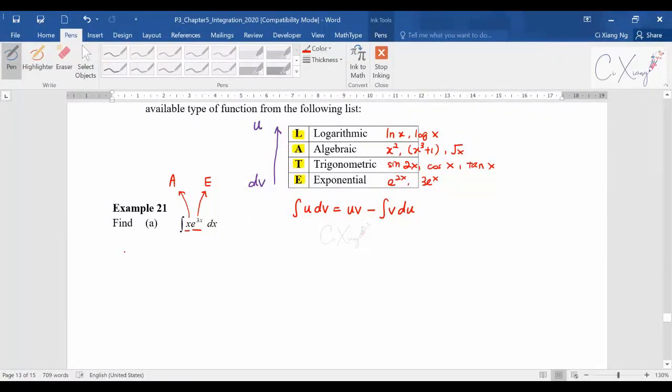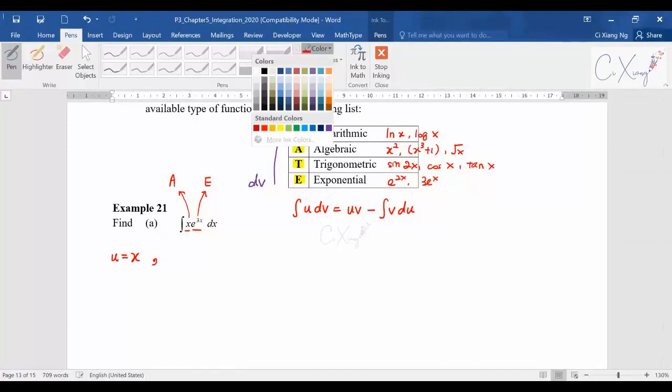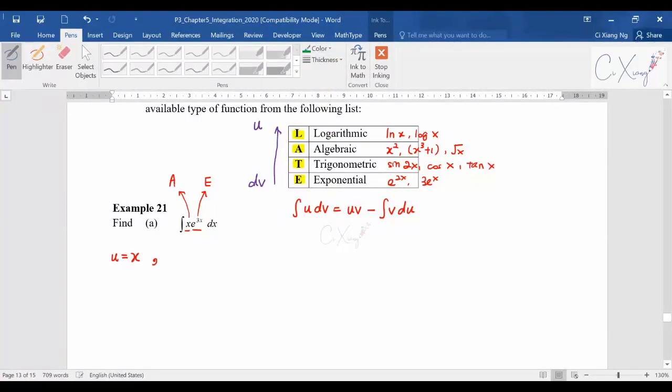Okay, so first step, once you decide, you write u equals x, because x is algebraic. So u is equal to x. If u equals x already, what else do you still have?